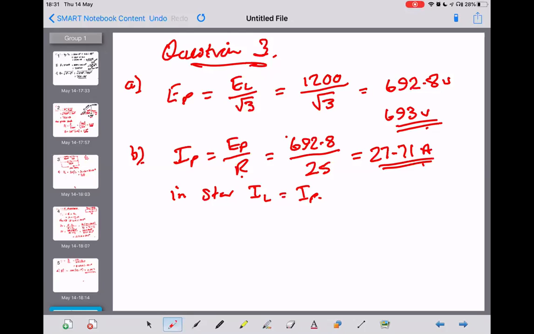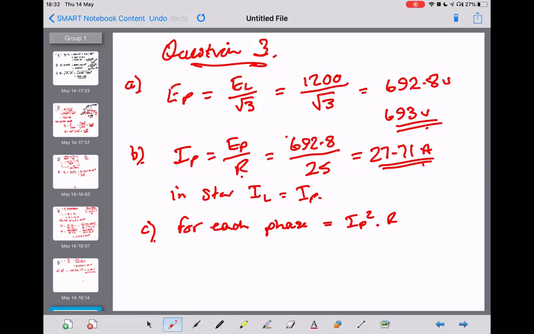Power. I've done PP, the phase power, for each phase. I've done IP squared times R. I did it differently to that. We'll come back to your method in a minute.